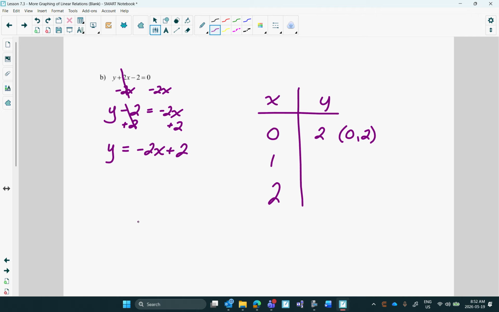Negative 2 times 1. Negative 2 plus 2. 0. We'll get 1, 0. Negative 2 times 2. Negative 4. Negative 4 plus 2. What happens to x? I'm replacing it with these numbers. But why is it times 2?